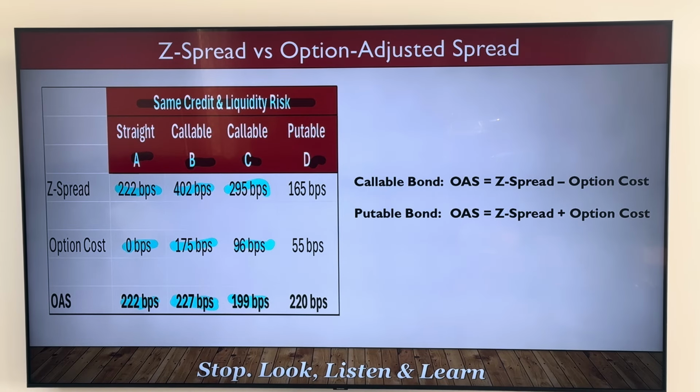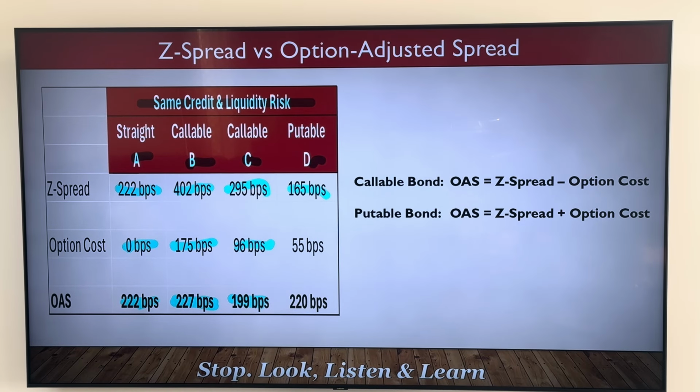Now, finally, let's look at bond D, which is a puttable bond. The Z spread that the bondholder will be receiving on bond D is 165 basis points.